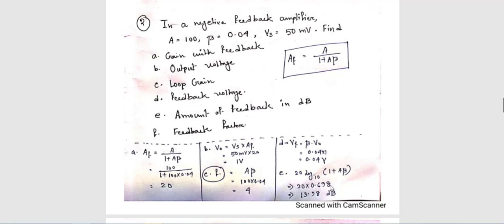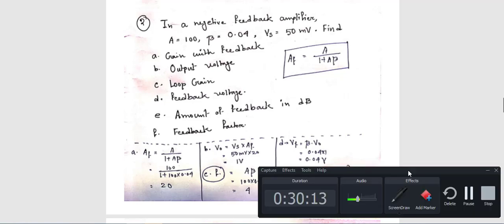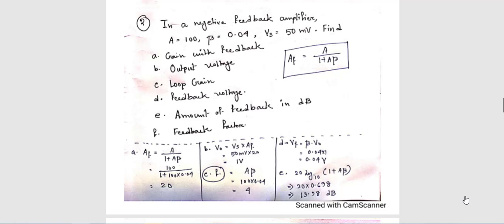You know the value. What is 1 plus A beta? Calculate this part. 100 into 0.04, if you multiply this, what is the result? 4.